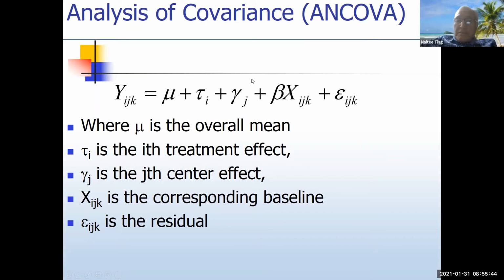It's not data-driven. The difference between design phenomena and data-driven phenomena is that at the design stage, you didn't see the data yet, but you decided to stratify. So instead of looking at center effect, let me look at it as gender effect. If you stratify by gender, then you're allowed to put this covariate into the model. If you did not stratify by gender, you should not.